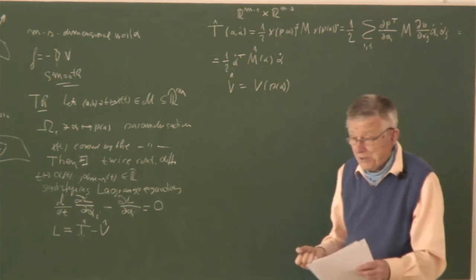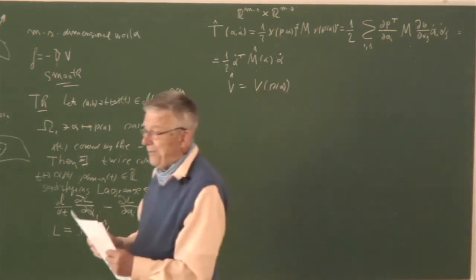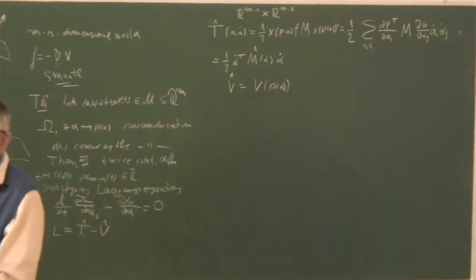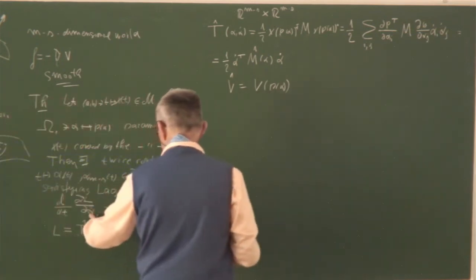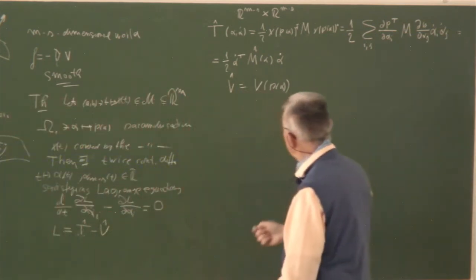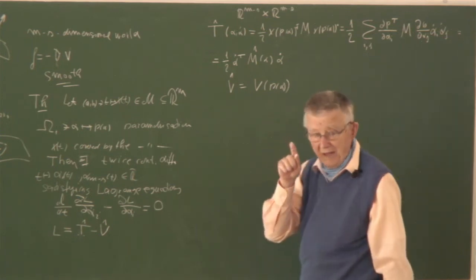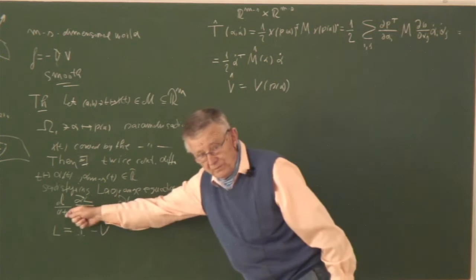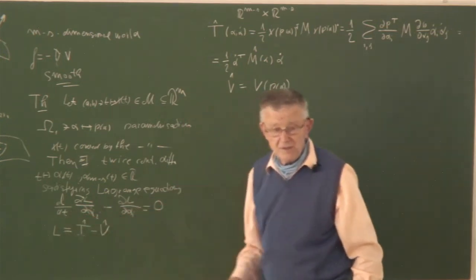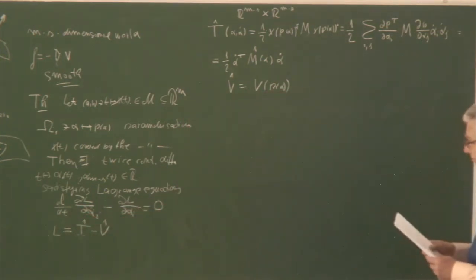And that's what is meant when I differentiate with respect to the positions or with respect to the velocities. Those are just the names. So you have to differentiate this first, and then substitute alpha to be alpha as a function of t, and then make the derivative. That's what is meant by this compact formula.